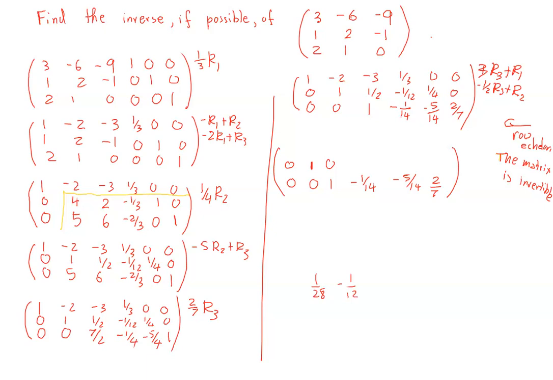What is the least common multiple of 12 and 28? It's 84, right? So this will be 3 over 84 minus 7 over 84, which is going to give you minus 4/84, which is the same thing as minus 1/21, right? So minus 1/21 here.